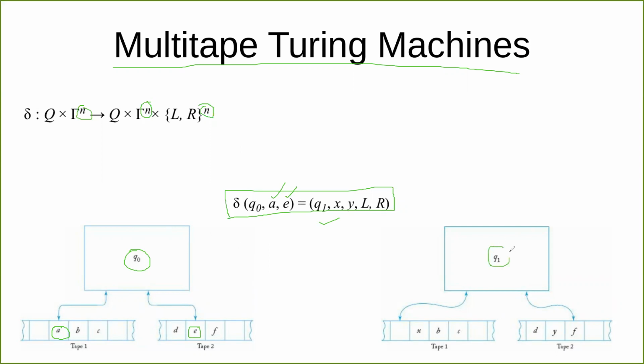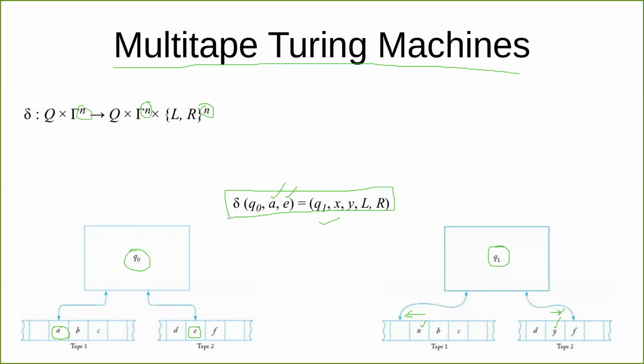Now the state is Q1, and X is written in place of A. So A is overwritten with X, and E is overwritten with Y. So these two cells are overwritten, and then the first head is moved towards the left side, and the second head is moved towards the right side.